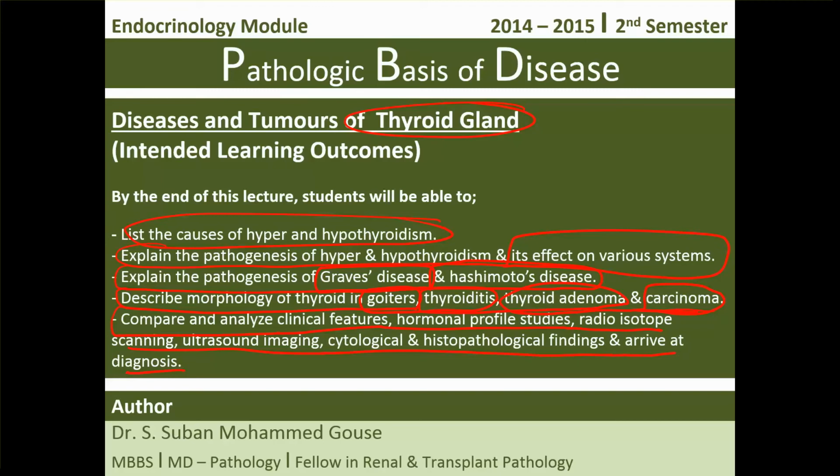My dear students, thyroid disease looks very easy to diagnose only in the book. In reality, it creates a lot of gray zone areas in coming to a final conclusion. Understand? So keep that in your mind.